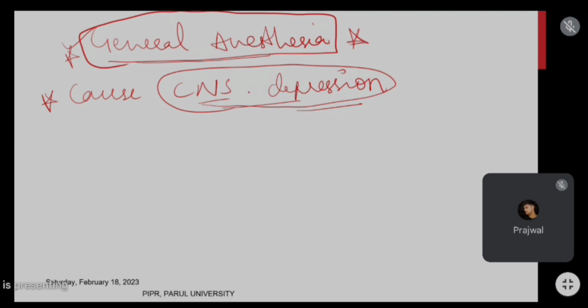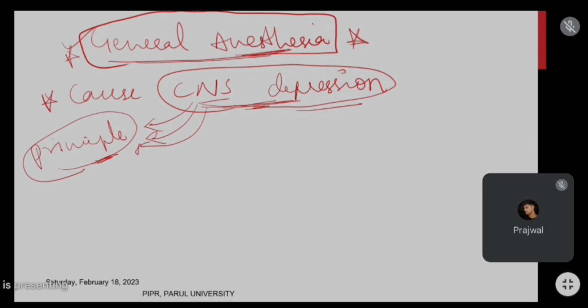Along with this CNS depression, general anesthetics have a few principles. Due to these principles, they are considered anesthetic agents, not just CNS depressants. That's why they are considered general anesthetics.